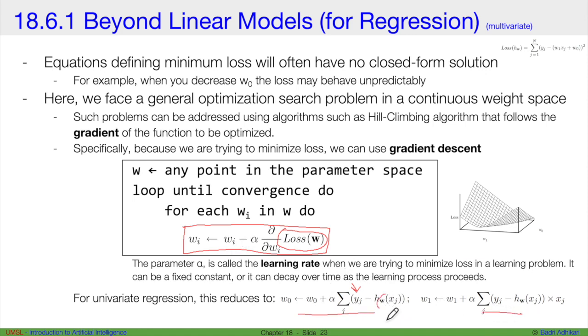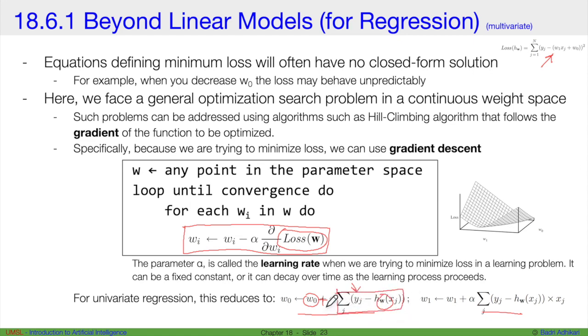So this is our loss function given by this equation, and then we have W0 equals W0 plus alpha times your loss, and W1 is W1 plus alpha times your loss. We have a positive sign here because usually the loss that you calculate is already negative, and that's what compensates for this plus sign.